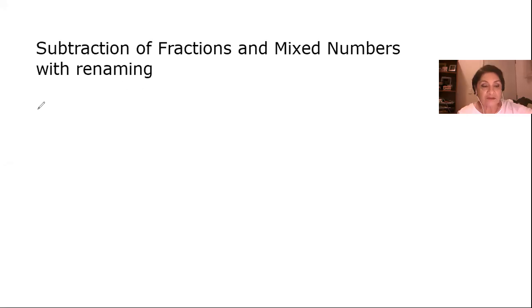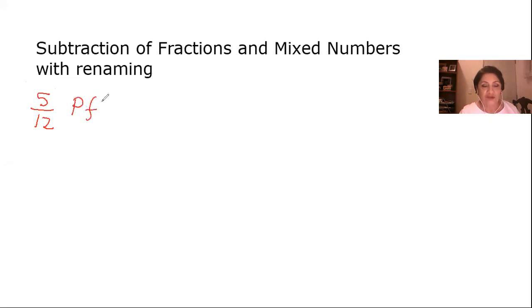The types of fractions that we know are, for example, 5/12. Because the numerator is less than the denominator, this is called a proper fraction.